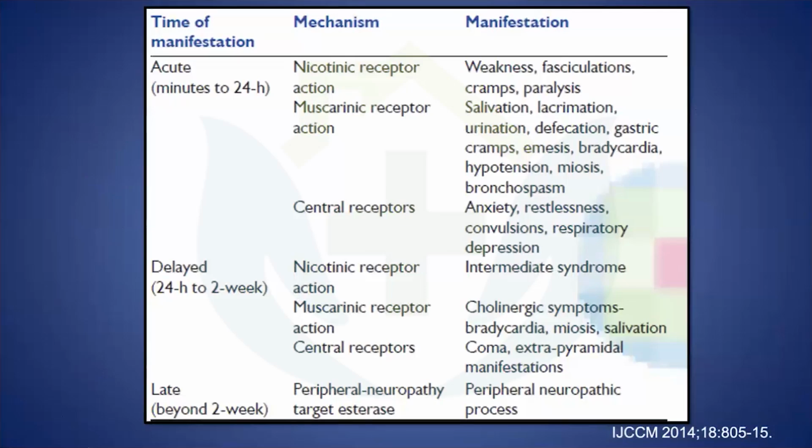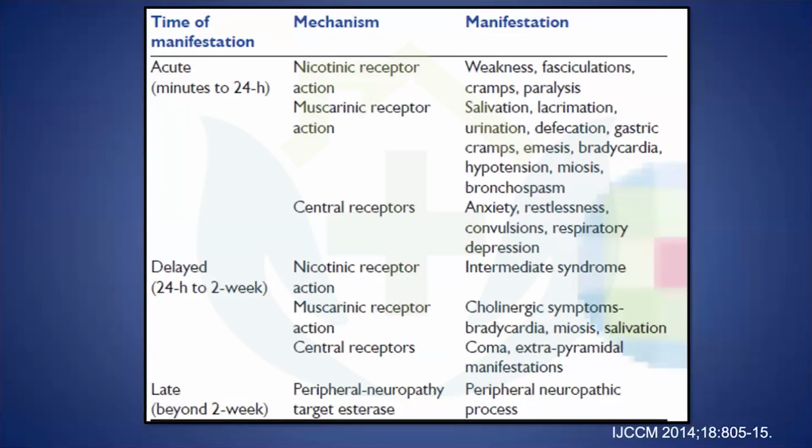Next, time of manifestation and mechanism. Acute, minutes to 24 hours: nicotinic receptor effects are weakness, fasciculation, cramp, paralysis; muscarinic receptor effects already mentioned as SLUDGE; central receptor effects are anxiety, restlessness, convulsion, respiratory depression. Delayed, 24 hours to 2 weeks, is mainly nicotinic receptor: intermediate syndrome.